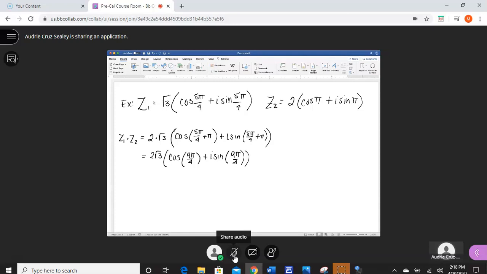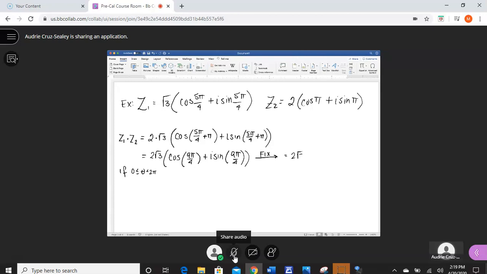So for example, in WebAssign, if it says, oh, but your angle has to be between 0 and 2 pi, well, then I have to fix this because 9 pi over 4 is over 2 pi. Does that make sense?